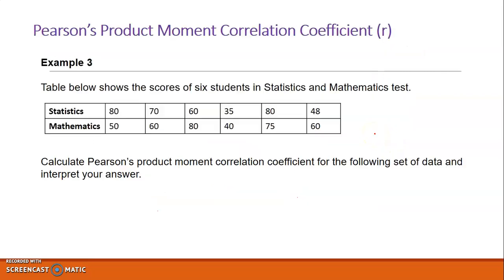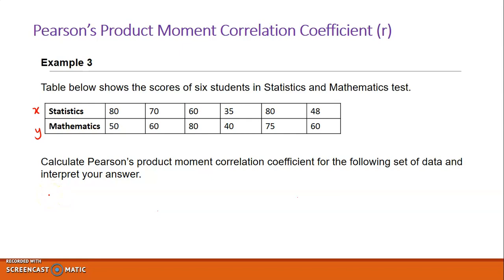Alright, let's try this example. The table below shows the scores of 6 students in stats and mathematics tests. Calculate Pearson's product moment correlation coefficient for the following set of data and interpret your answer. For correlation coefficient, you must have the variable x and y. Normally in the table, the first row is the x value, the second row is the y value.